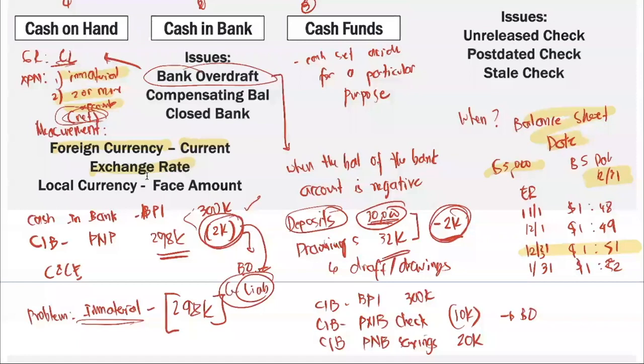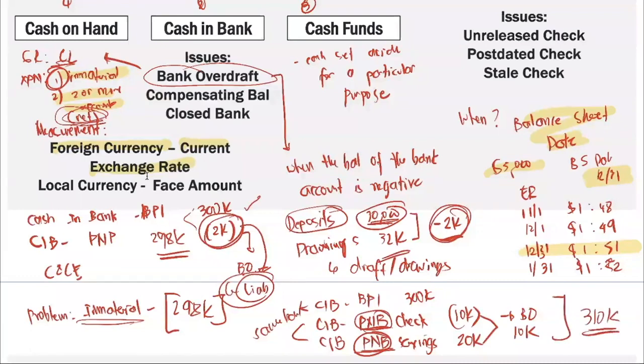Let's have an example of two or more accounts. What did we say? If it's two or more accounts, you present it at net. Since you have two or more accounts on the same bank, we can net it. Because this is PNB and this is PNB, you can net this one, 10,000. So net cash, 310,000.